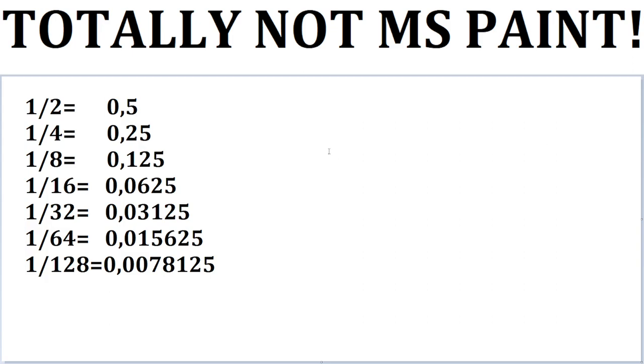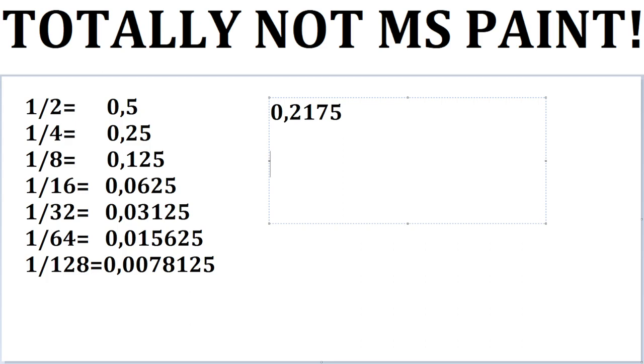Now, the first number that I wanted to approximate was 21.75%, so 0.2175. I want this number, but out of these fractions, out of adding them. So let's check which ones do I need to add to get to this number.